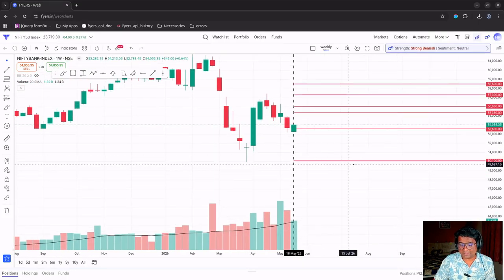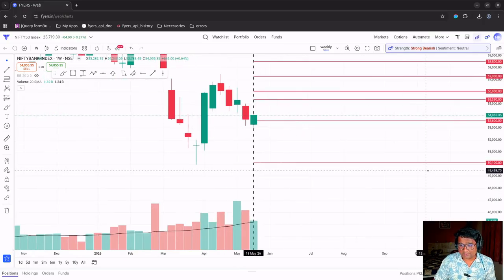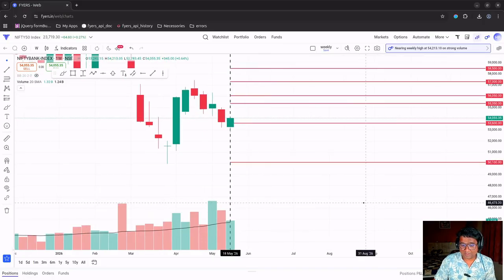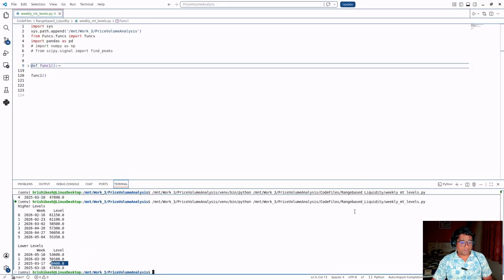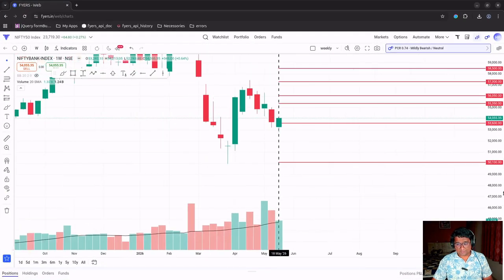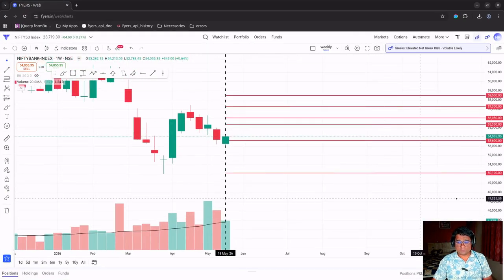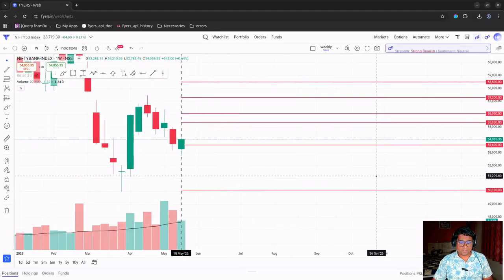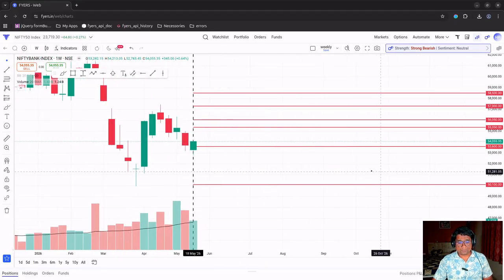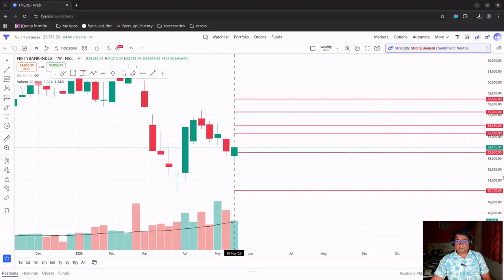If the price breaks below this, then just consider these as resistance. This will be a reference point. There is one below, but it is highly unlikely that the price will reach 48,400 in the next week alone, unless there is some big geopolitical shift. Okay, so these are the levels.